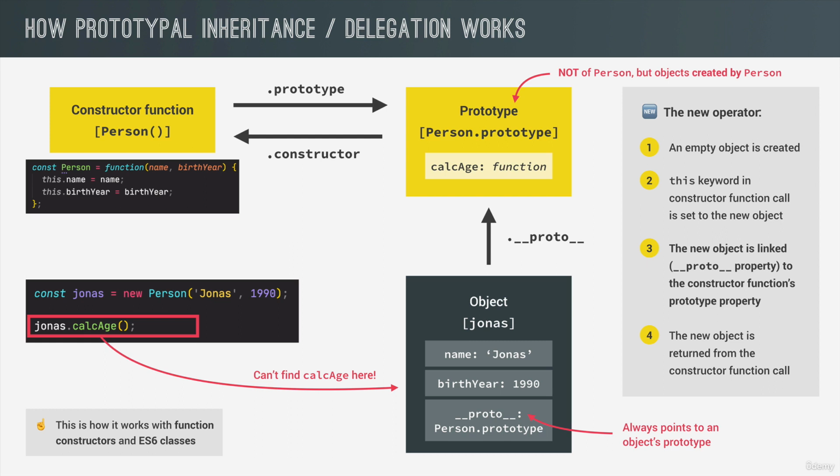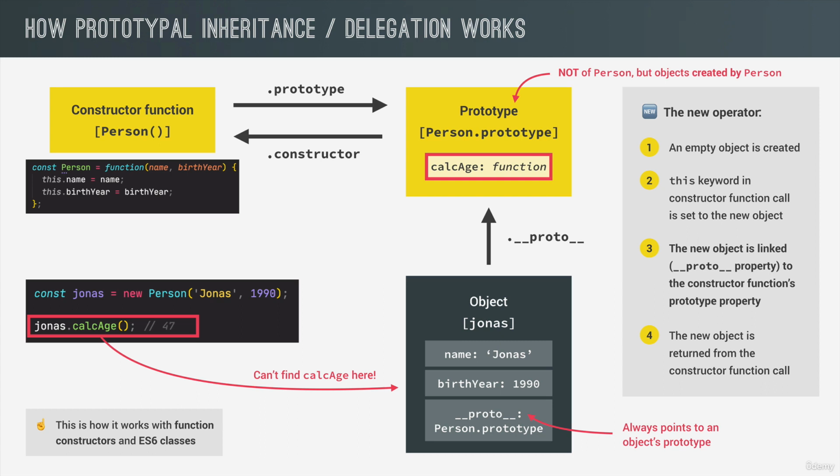Well, if a property or a method cannot be found in a certain object, JavaScript will look into its prototype. And there it is. So there is the calcAge function that we were looking for. And so JavaScript will simply use this one. That's how the calcAge function can run correctly and return a result.